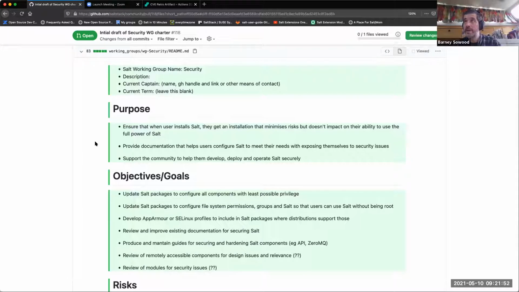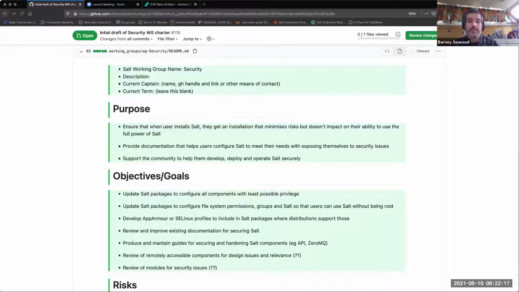I'm not sure whether, for some of the issues around Salt API and Salt SSH where there's command injection and things like that, you could actually put some useful limits in place. That's something I think would be quite good to explore.